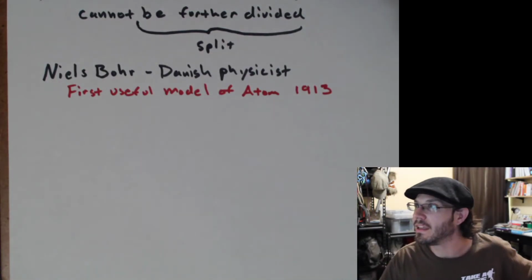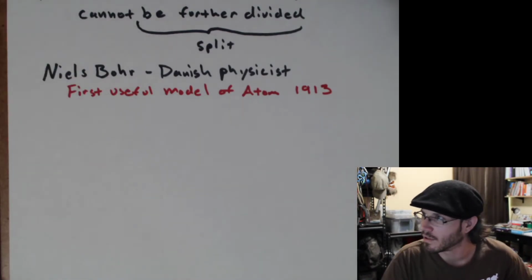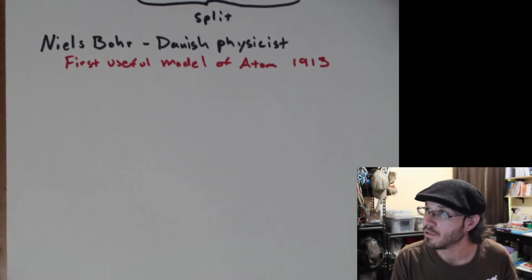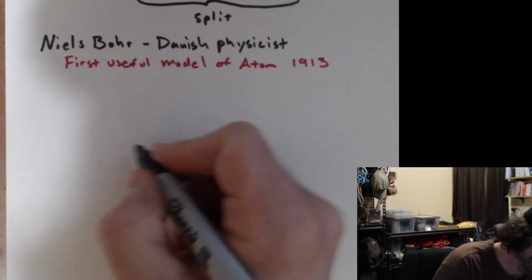And you may be familiar with this model. It's what we know from high school. It's what we know from grade school, right? I shouldn't even say high school. We got some protons and some neutrons in the center of the atom.